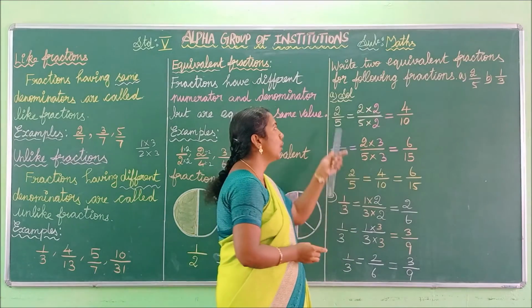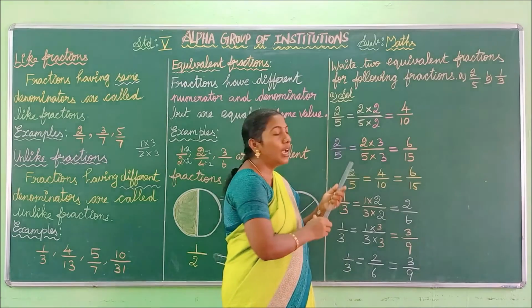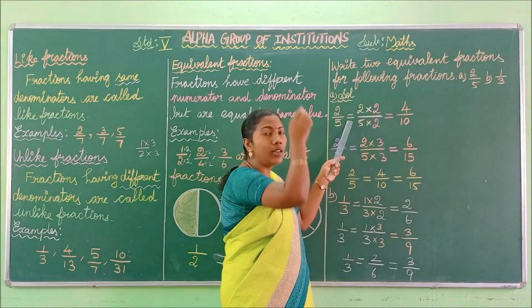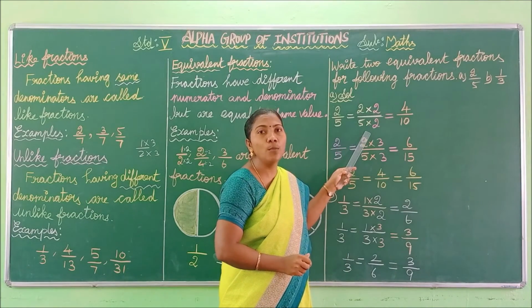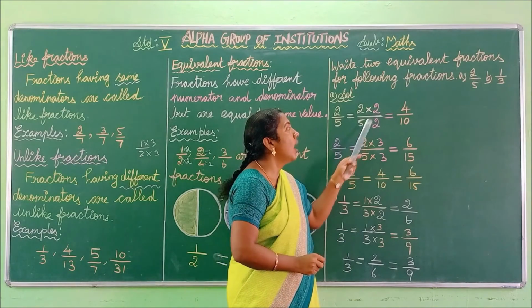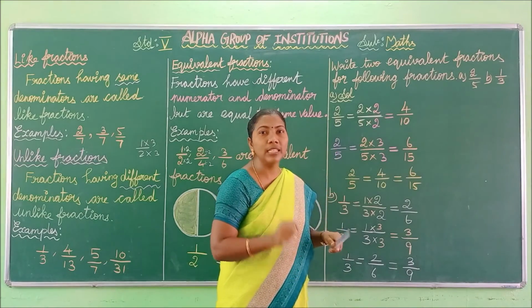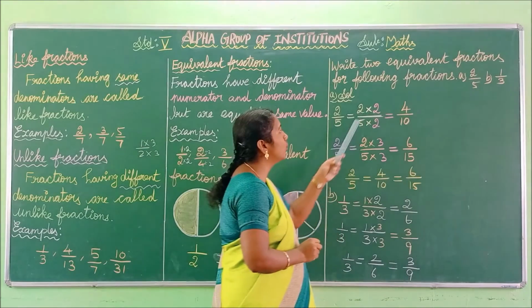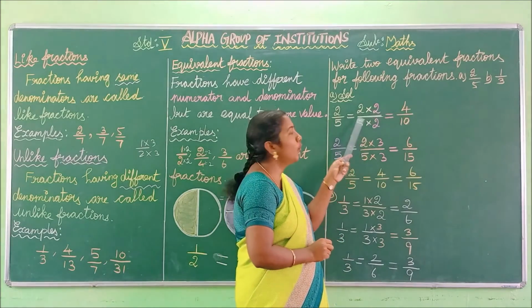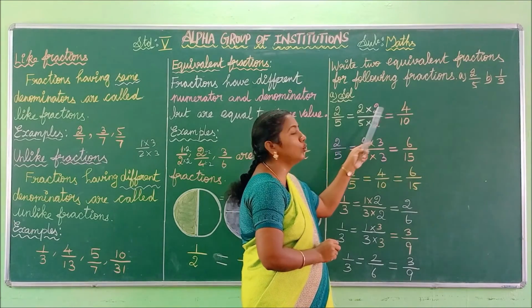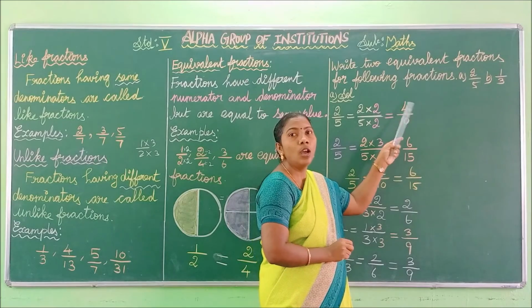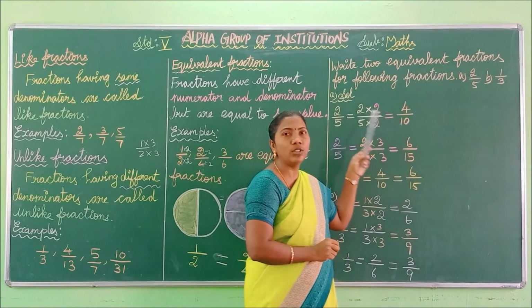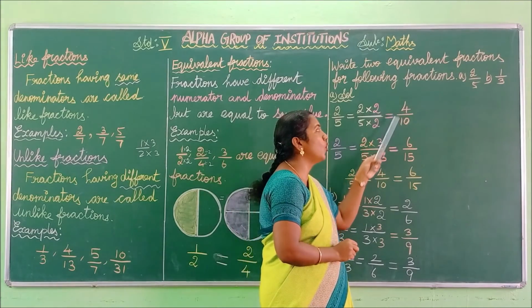First step, you write the fraction 2 by 5, then put the equal symbol, then once again write the fraction, and then multiply both the numerator and denominator by the same number. Here I have chosen the number 2. Now we are going to multiply: 2 into 2 is 4, 5 into 2 is 10. Thus we have got one equivalent fraction to the given fraction, that is 4 by 10.